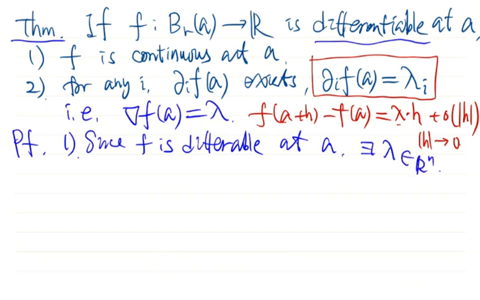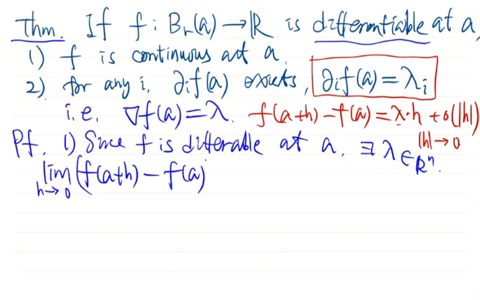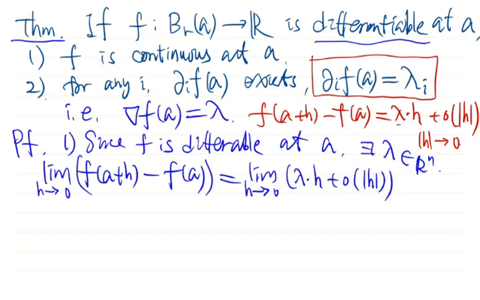The limit as h goes to 0 of f(a+h) minus f(a) will be the limit as h goes to 0 of the inner product of lambda and h plus the higher order term. Obviously, the limit of the higher order term is 0, and the limit of the inner product of lambda and h is also 0, because by the Cauchy-Schwarz inequality, its absolute value is not greater than the norm of lambda multiplied by the norm of h.